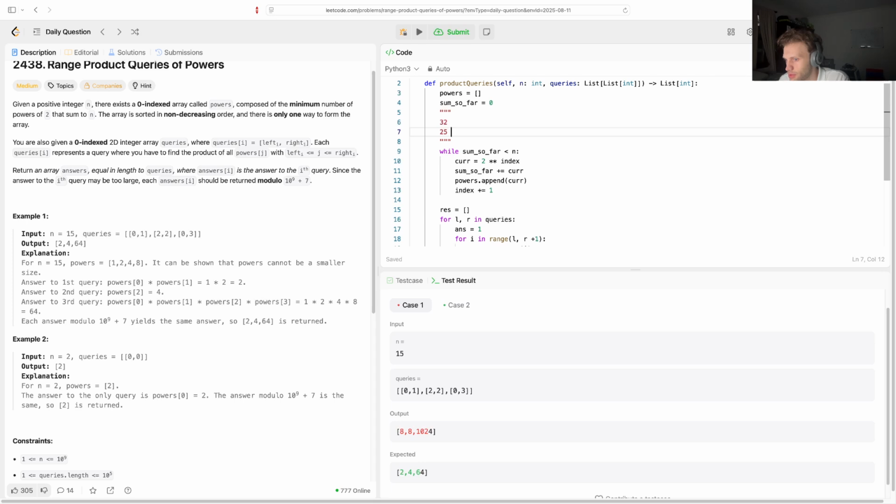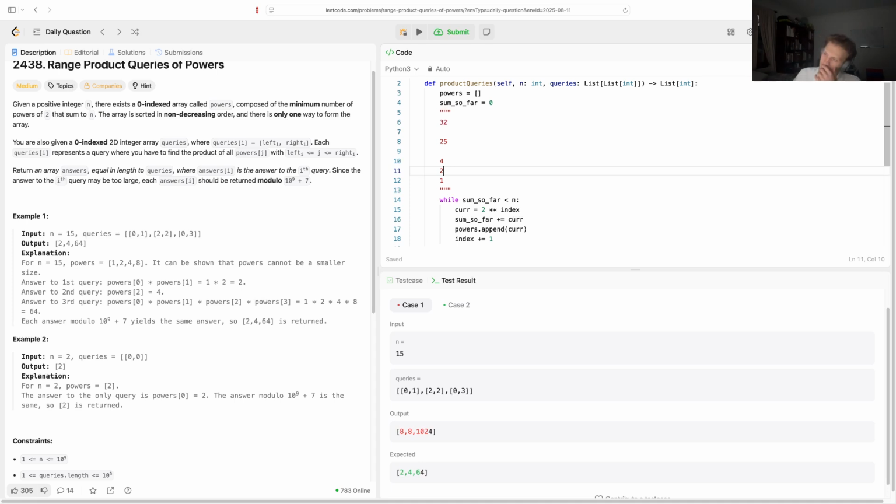So if you have 7, you could do 1 maybe, and 4, which is 5. You could do 2. Yeah.